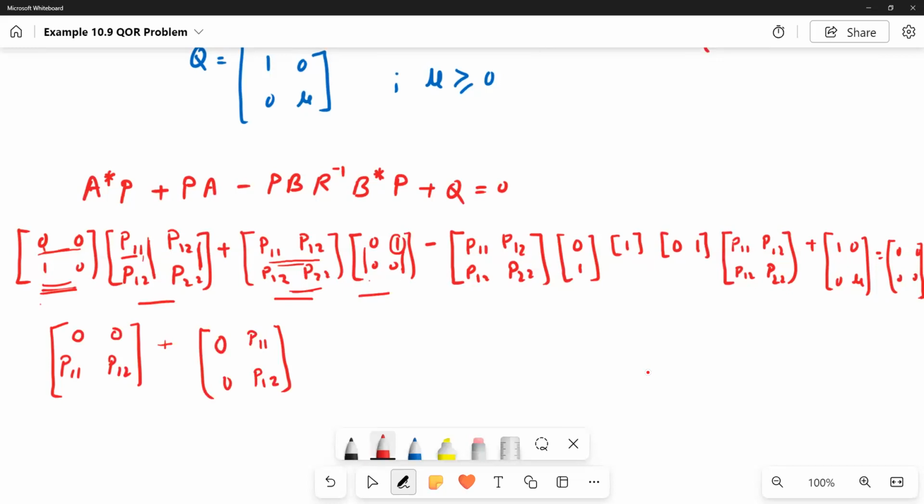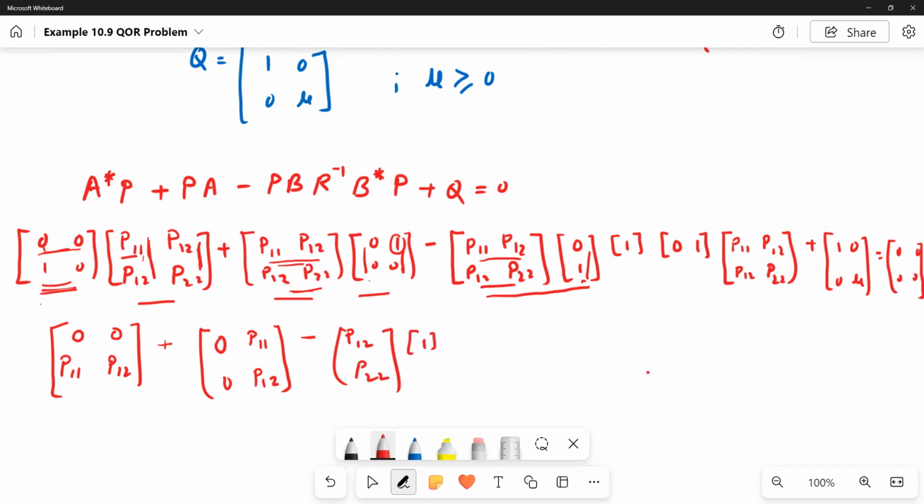And then you have these two multiplying together. So basically multiplying this one with this one, so P12 will be available. P12, and this one multiplying with this one, basically P22 will be available. Okay, so P22 is available now, and it will be further multiplied by 1.